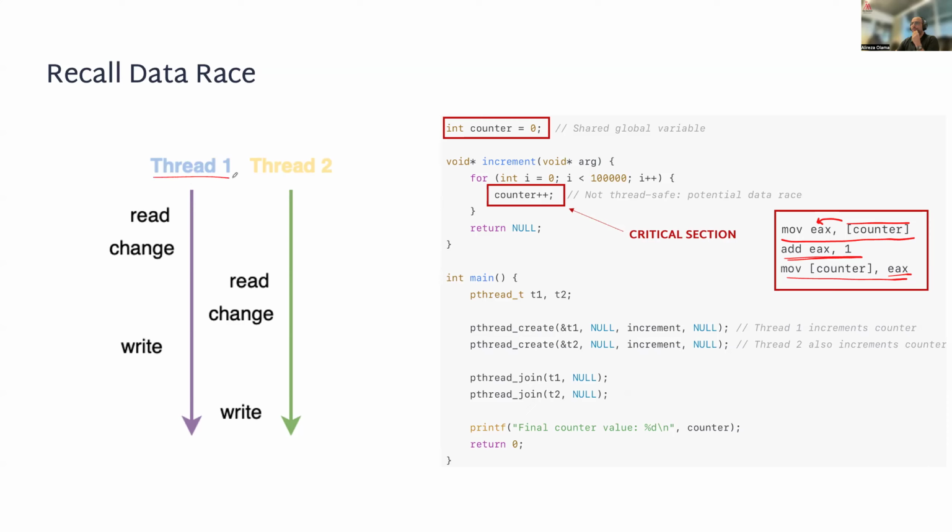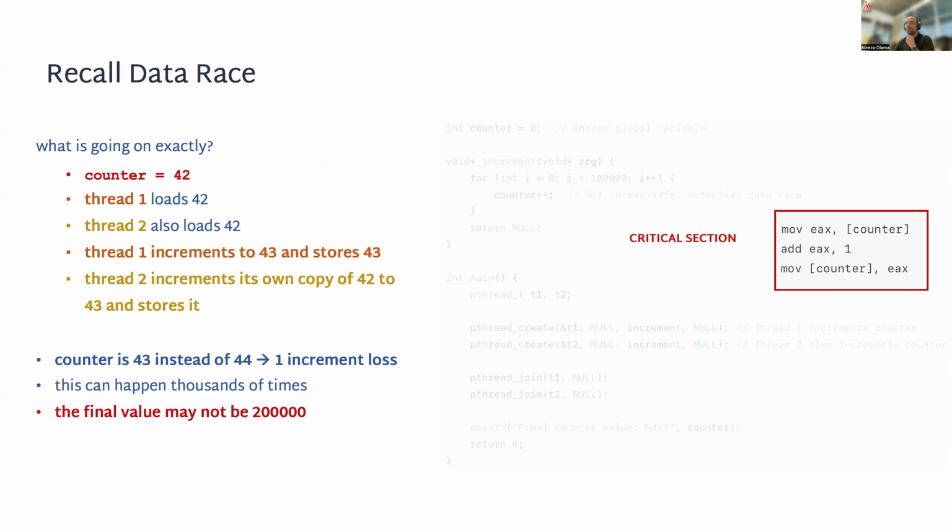So for example, thread 1 reads the value at this point. These arrows are time. It changes the value, and at some other time writes the value, right? But in between, another thread can read the value, change it, and write it, right? So assume the value of the counter is 42.